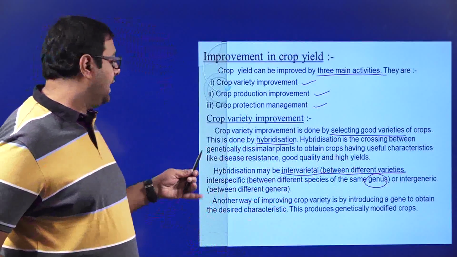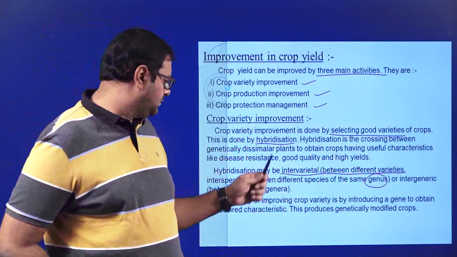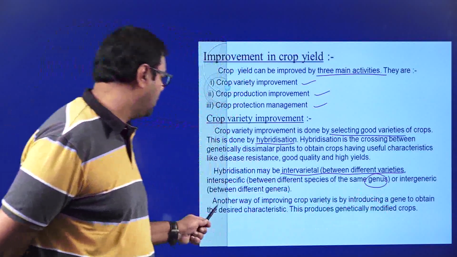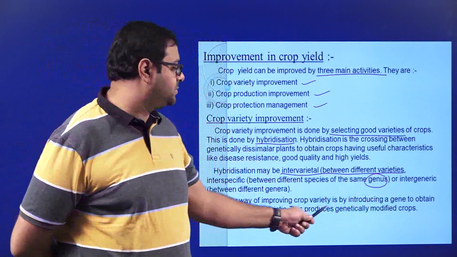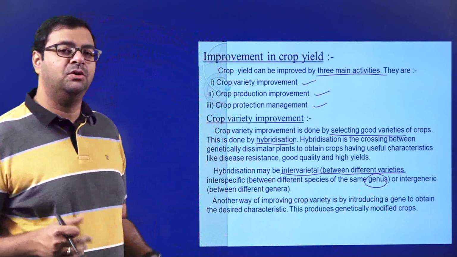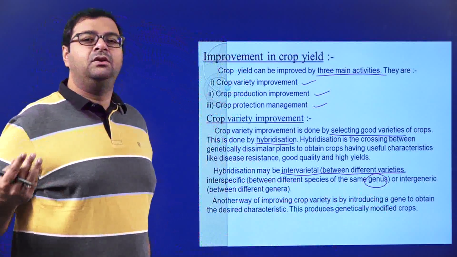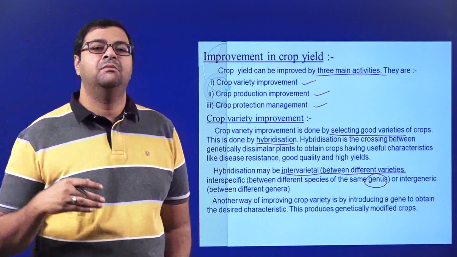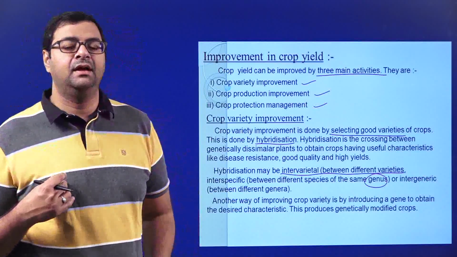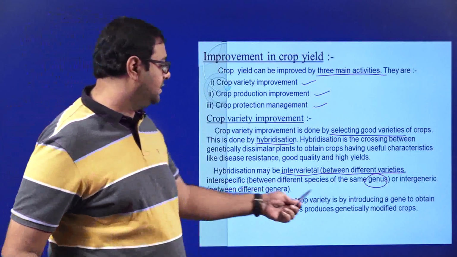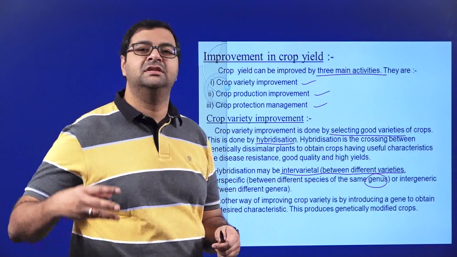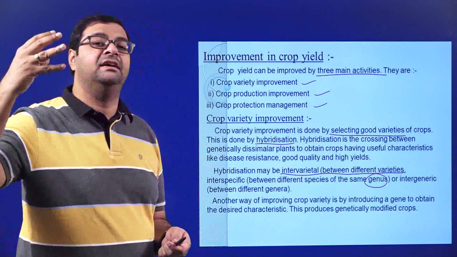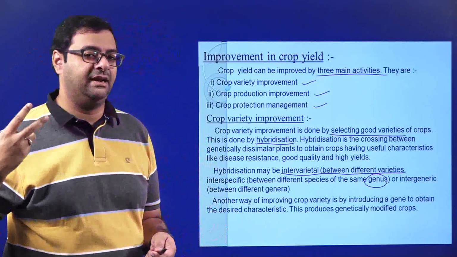Another way of improving crop variety is by introducing a gene to obtain a desired characteristic. This produces genetically modified crops. So if you need a plant to produce more flowers, the gene which is helpful in producing more flowers is activated even further through various scientific techniques.